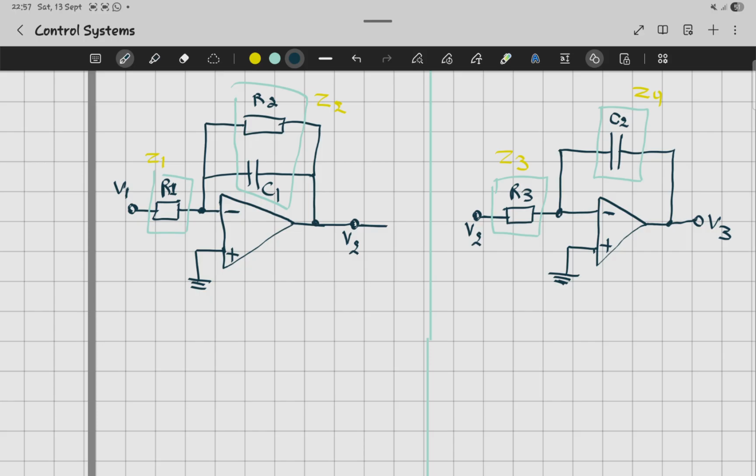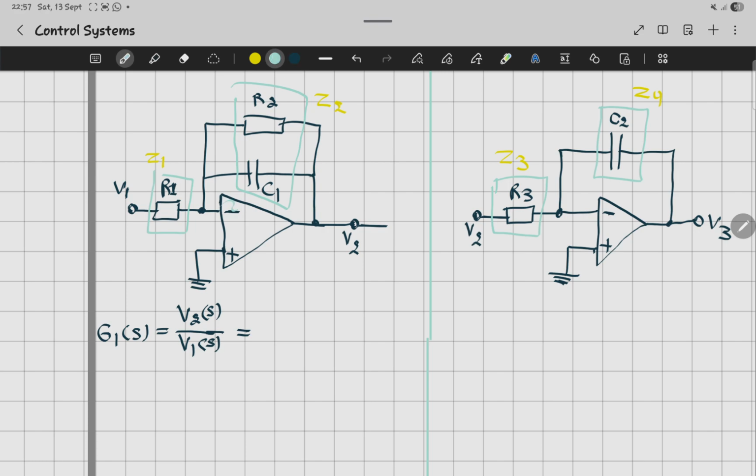For this one, I'm just going to write the transfer function as H1 is equal to V2 over V1, which is equal to negative Z2 over Z1.